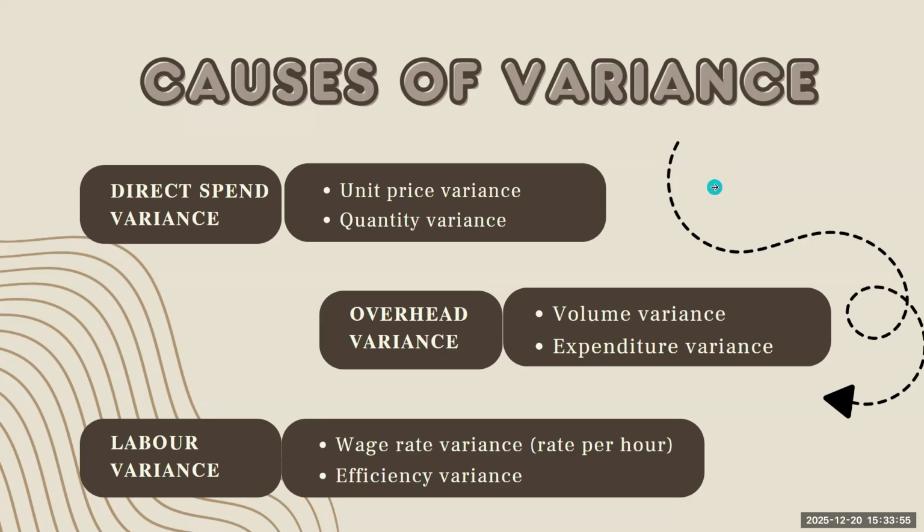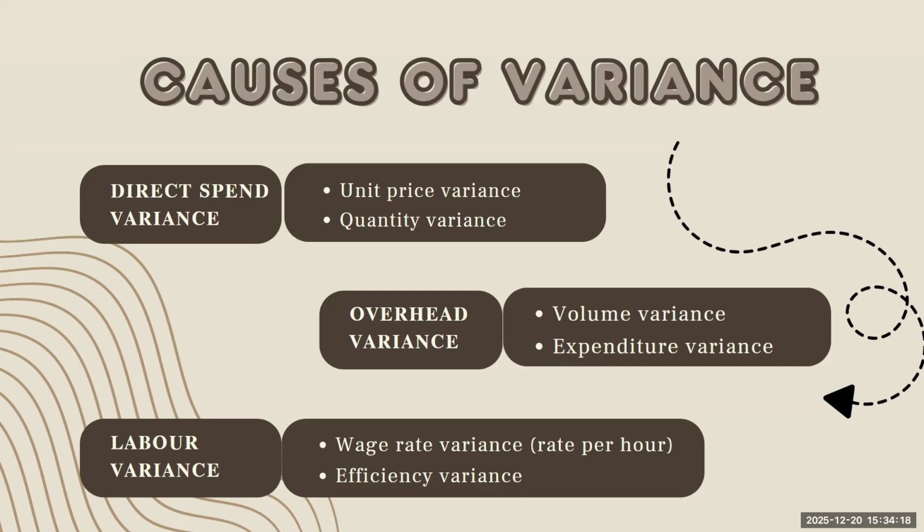First of all, the direct spend variance. For certain materials and certain categories, we decide that they have a budget, but it has some variance. The actual thing may rise or fall depending on the market.